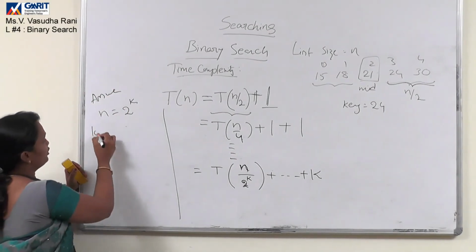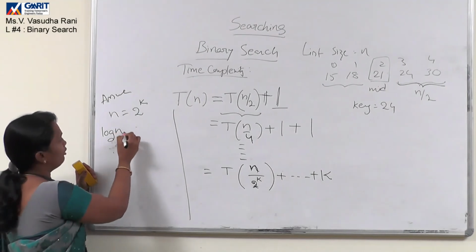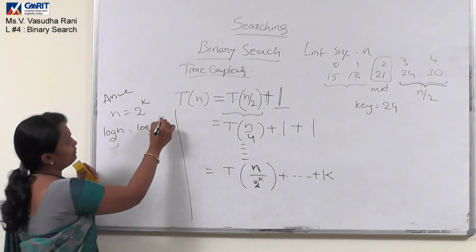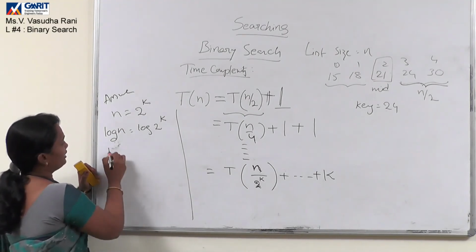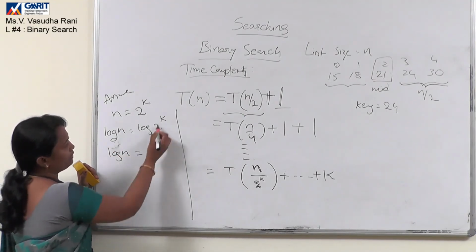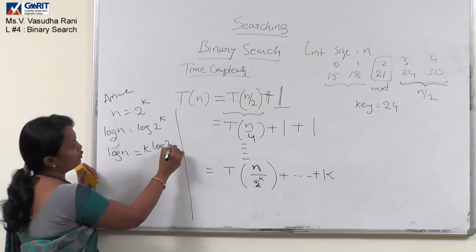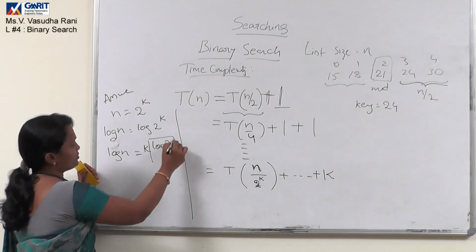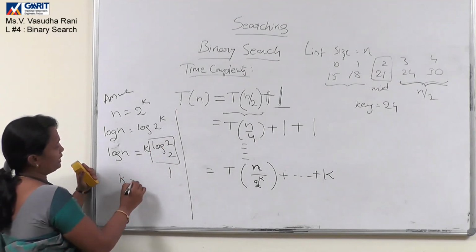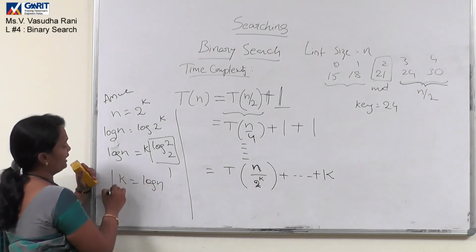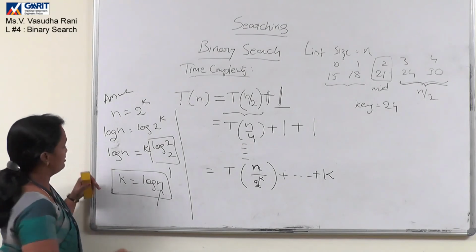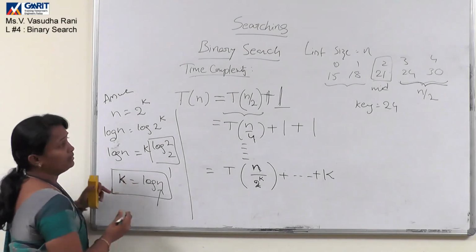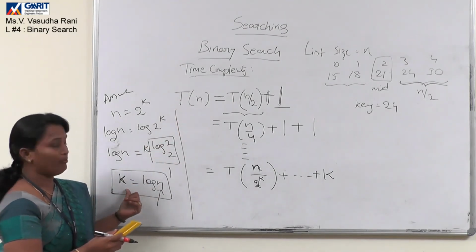If you apply log on both sides, it will be log n equal to log 2 power k, which is k log 2 base 2. This expression value is 1, so we get k equal to log n, wherein n is the size of the list and k is the number of iterations we have passed.